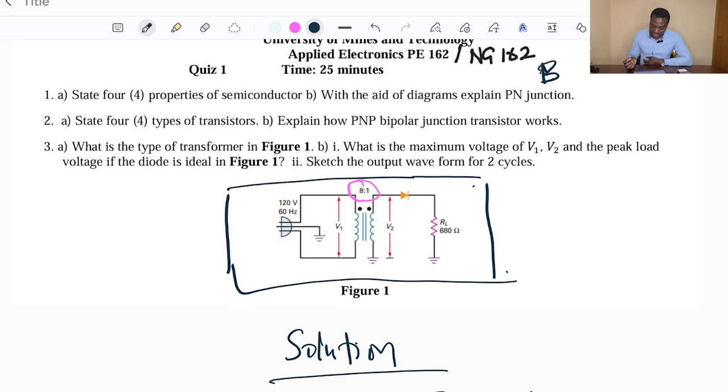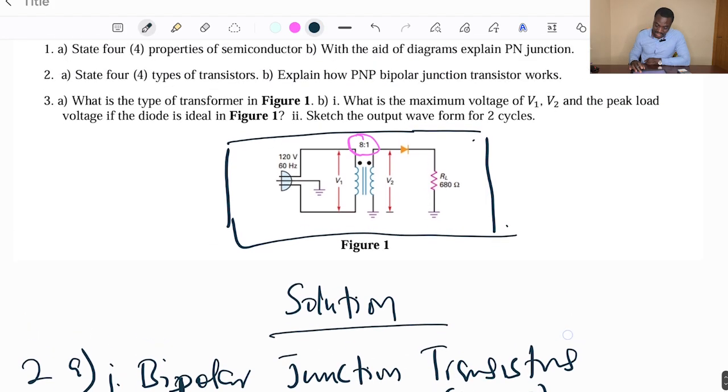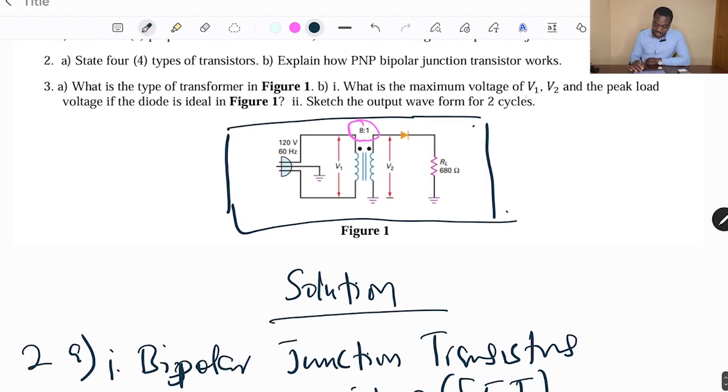Now, question 3B. What is the maximum voltage of V1, V2, and the peak load voltage if the diode is ideal in figure 1? So here we are to find the maximum voltage of V1. Looking at figure 1, we have V1, and then we have 120 volts here. This is the primary side of the transformer.